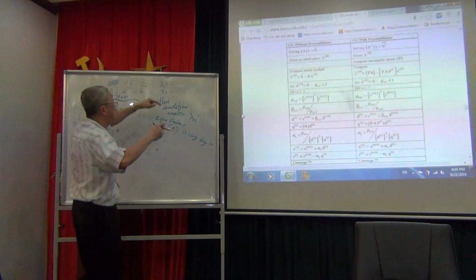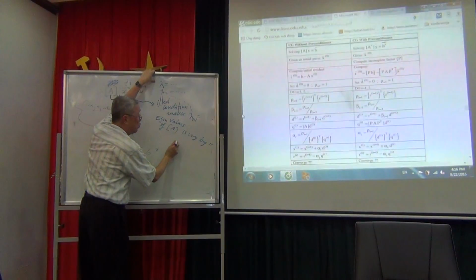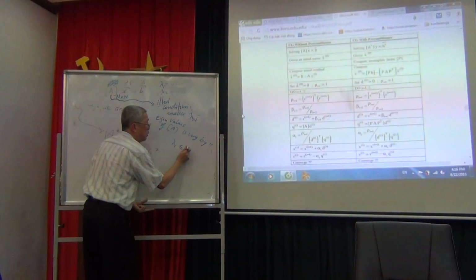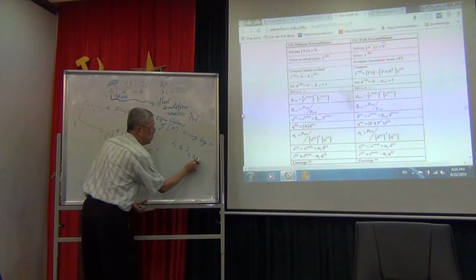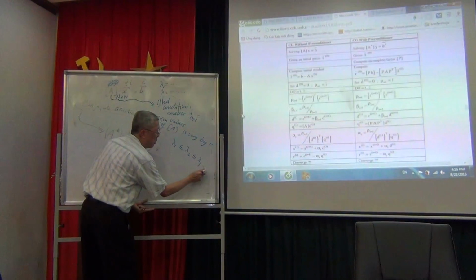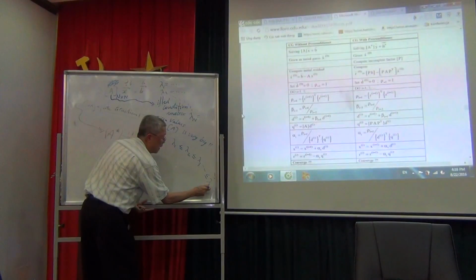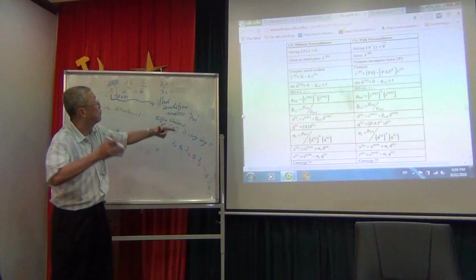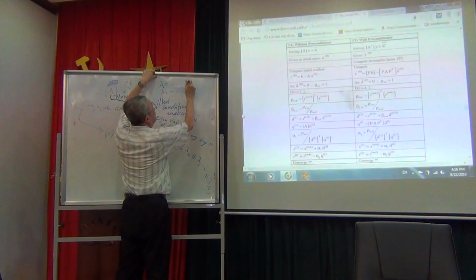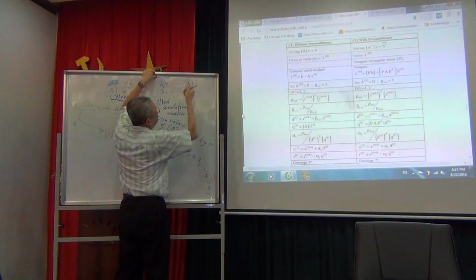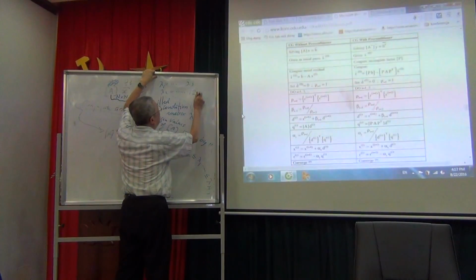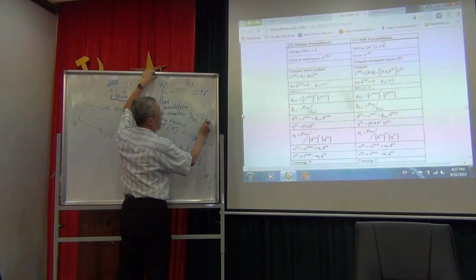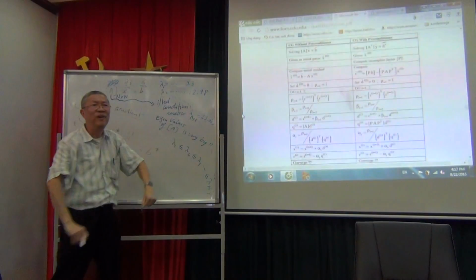Now, let me give you some examples. Suppose you rearrange so that lambda 1 is less than or equal to lambda 2, less than or equal to lambda 3, and so on, up to less than or equal to lambda n. Like for example, lambda 1 is 0.3, lambda 2 is 12.98, and lambda n is, let's say, 23,000.